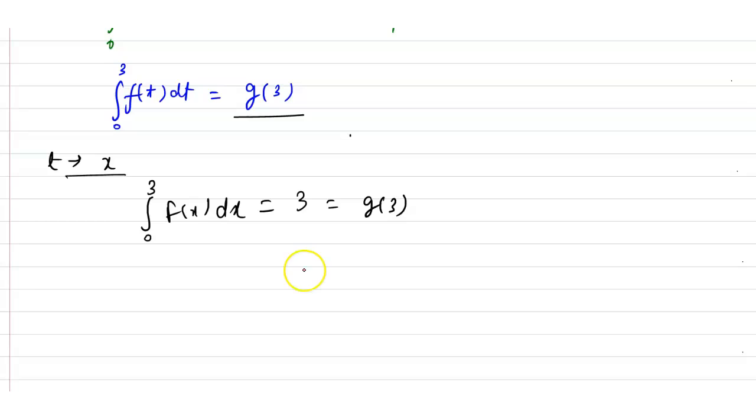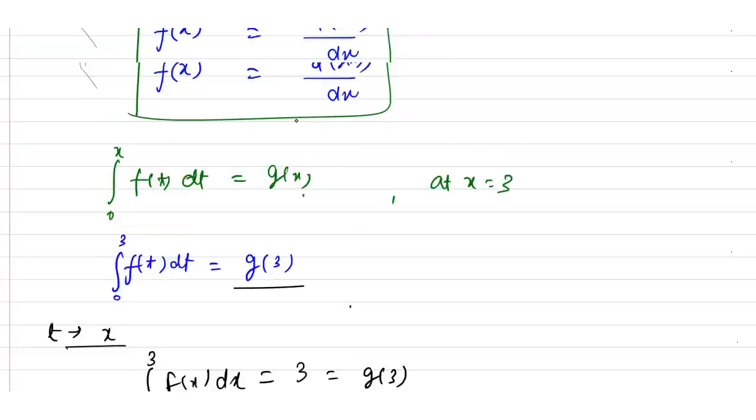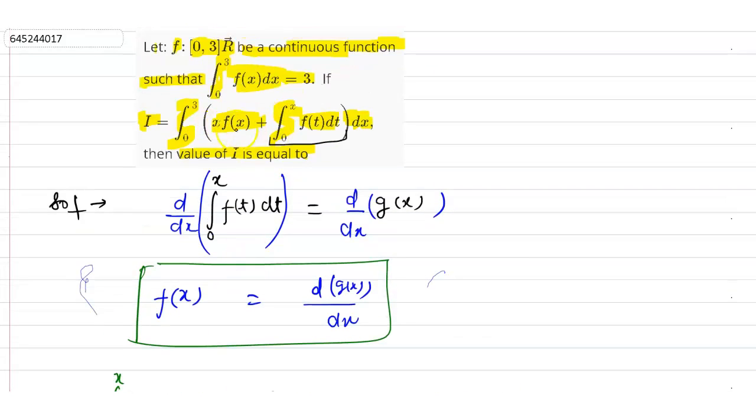So now remember this thing. Now move forward. My I is given as the integral from 0 to 3 of x f(x) plus the integral of f(t) dt, dx.